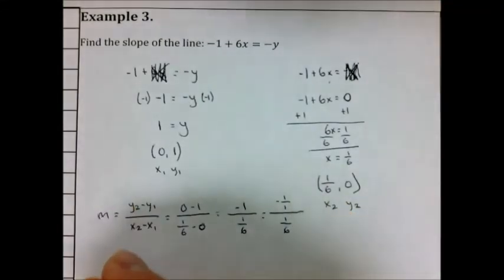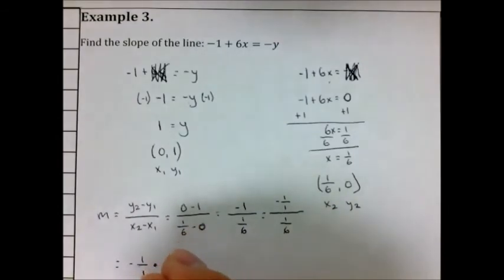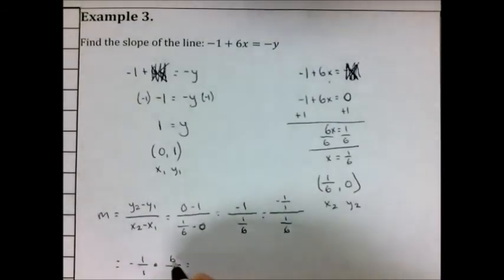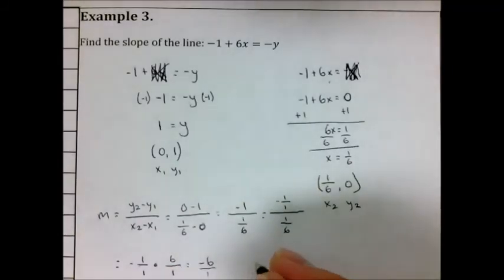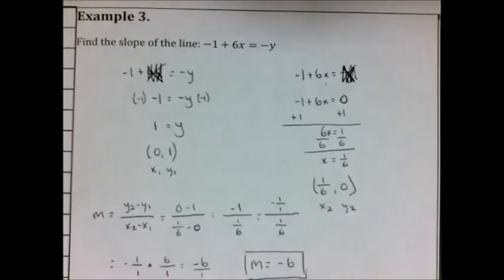Flip multiply is where you take your first fraction, which was -1 over 1, and instead of dividing, we multiply it by the reciprocal, the flip, of that other fraction, which is 6 over 1. Then -1 times 6 is just -6. 1 times 1 is just 1, so our slope, m, is equal to -6. And we found the slope.